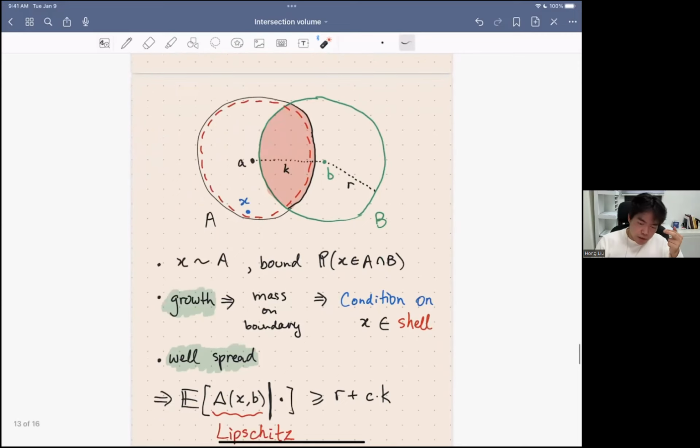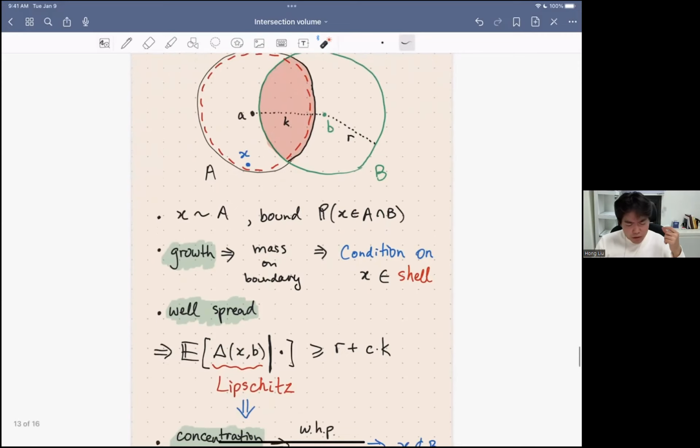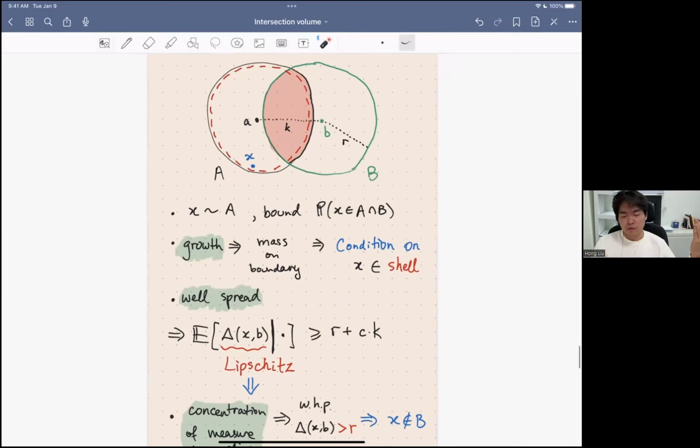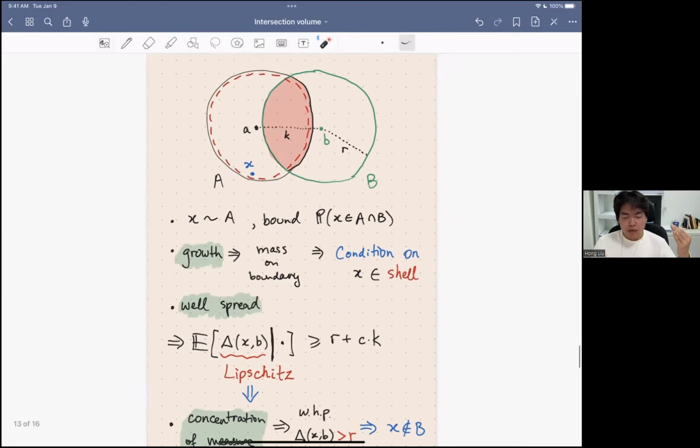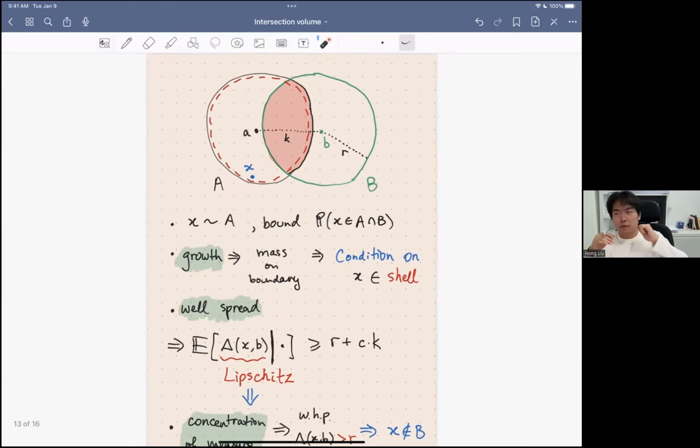The second condition is some sort of well-spreadness, some sort of smoothness. Very roughly speaking, if you look at this discrete metric space, you don't have some part that's particularly dense, with lots of points, and you don't have some part that's particularly sparse, with not so many points. What do I mean by that?